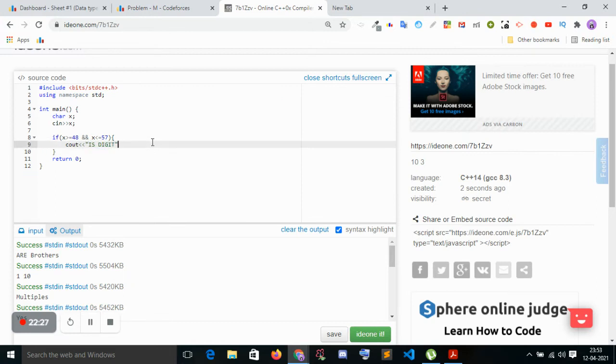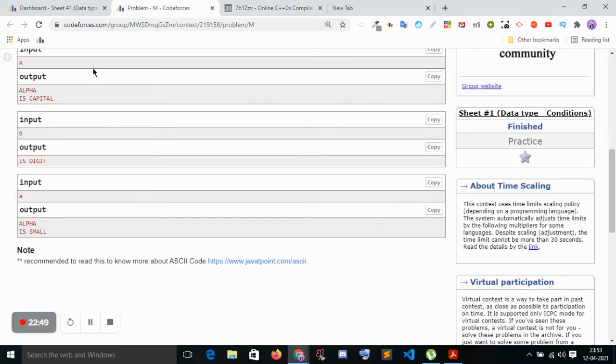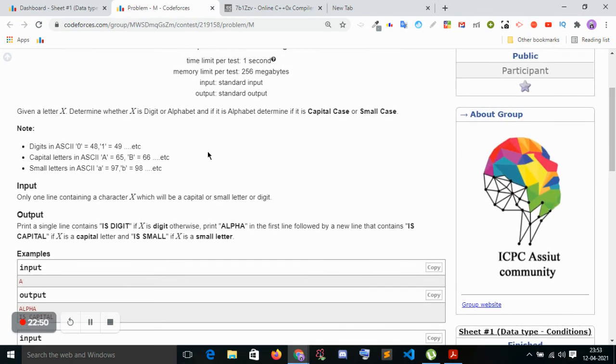So this is the thing. Else if it is a character, else if x is greater than or equal to 65 and x less than or equal to 90. So this is the ASCII value that is given. You can take it. 65 is the start, so 26 letters are there, you can count.